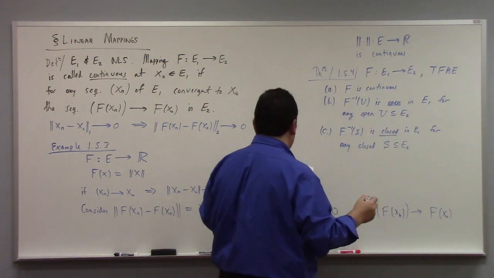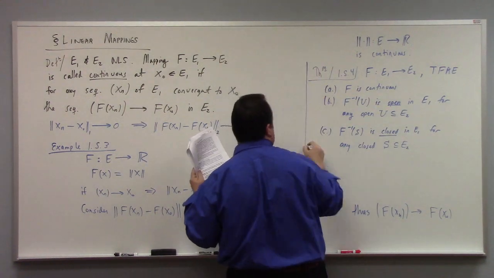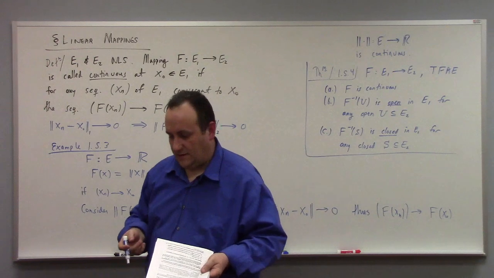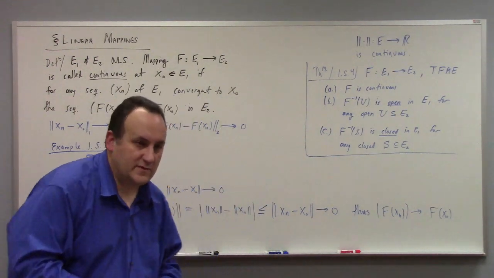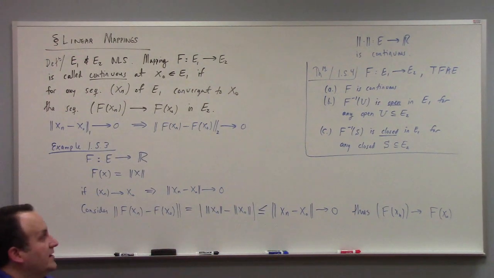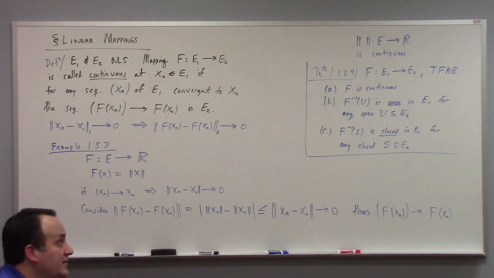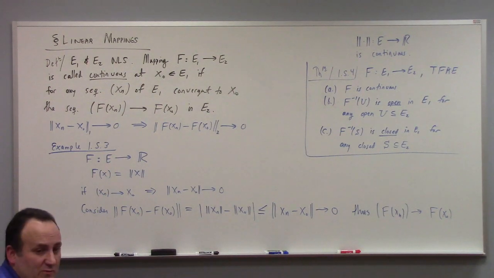So this, of course, you will experience more of in your topology course. All right, these are the definitions of continuous. Well, B is the definition of continuous, the topological definition, which is that a continuous map is a map for which the inverse image of any open set is open.